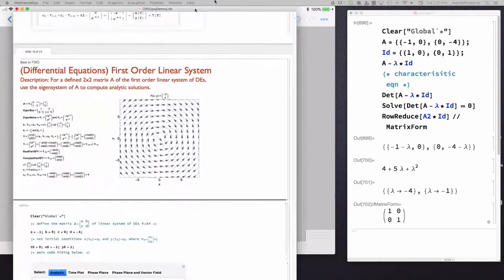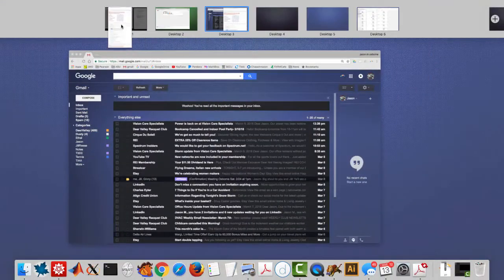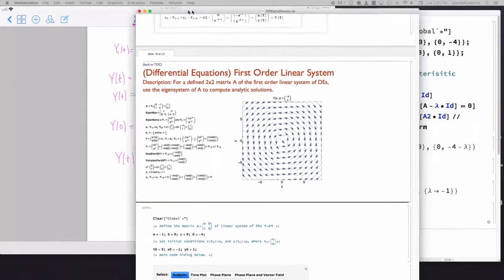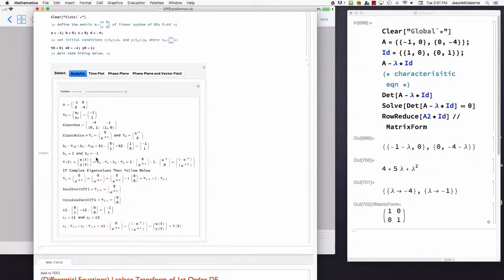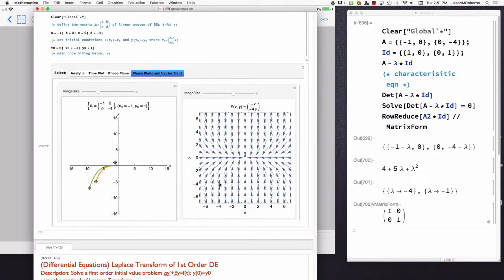I'm sorry, a sink. Okay. Trying to bring this over so you can see the plot there. So in the phase plane, our solutions are looking like a sink.